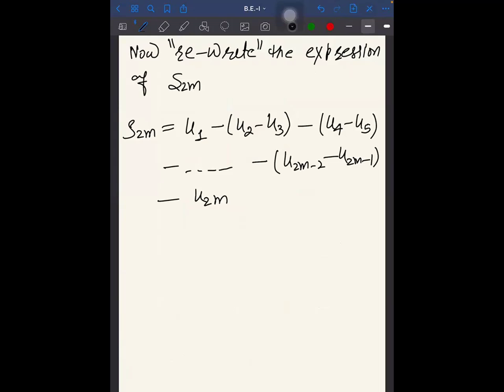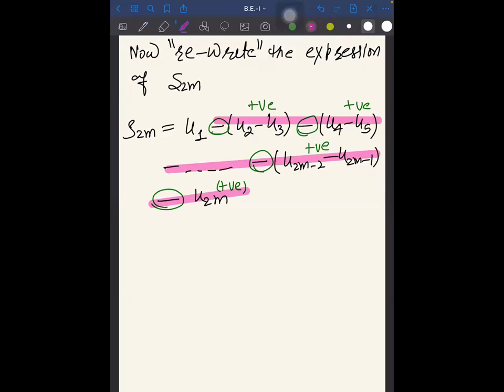Tell me, is each bracket positive or negative? Each bracket is positive, but this negative is already over there. This one is also positive, but this negative is over there. So this quantity is negative.